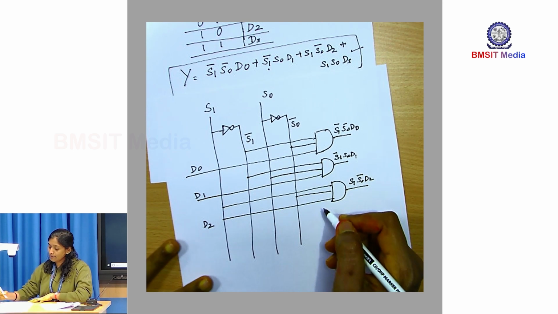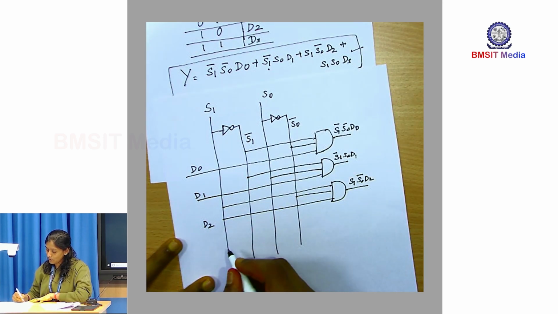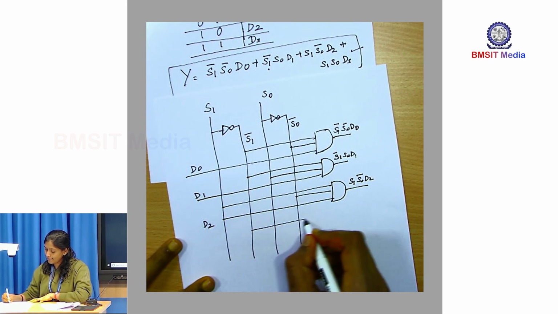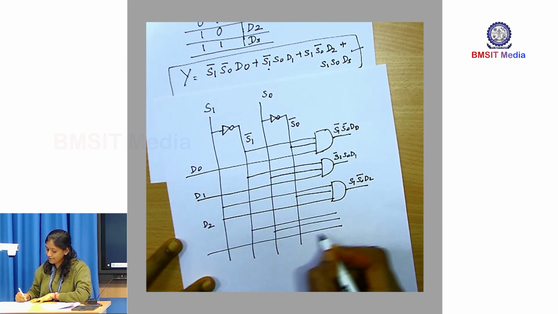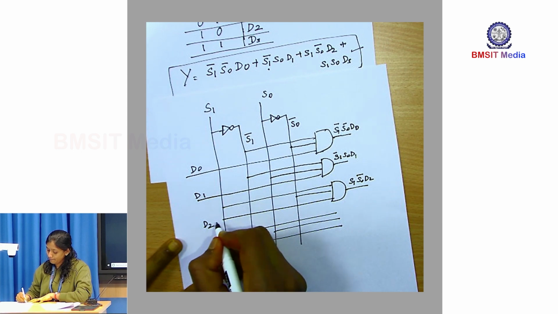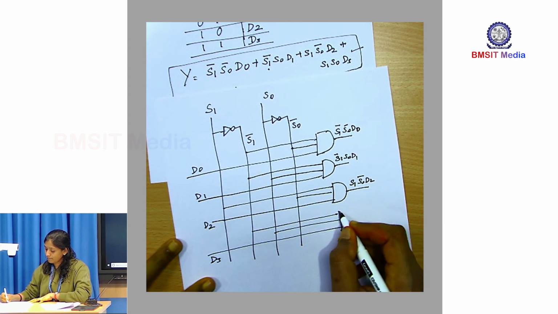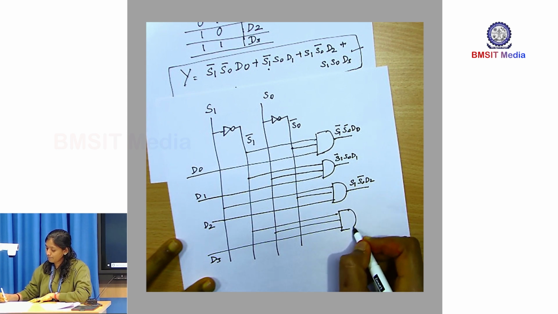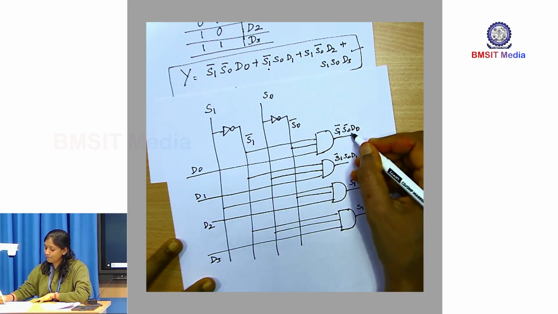What is the last term in the expression? It is S1, S0, D3. So, whenever S1 is selected and S0 is selected, data D3 is transmitted. What is the output of this gate? S1, S0, D3.